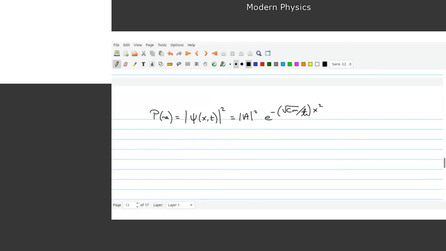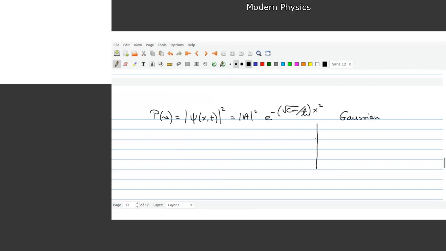So I'm going to copy and paste this. No, I won't do it here. So this is a Gaussian probability.